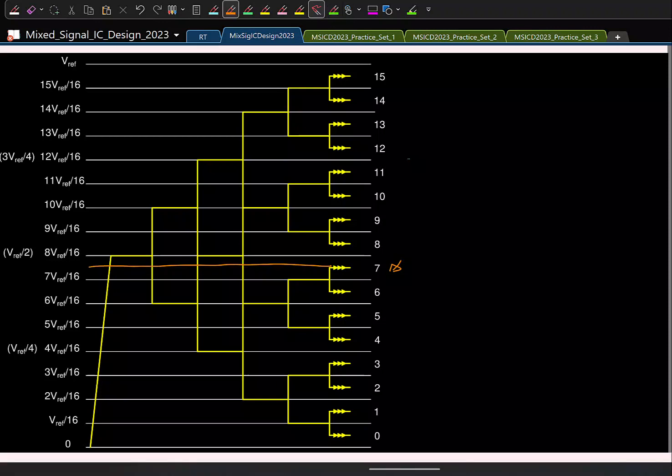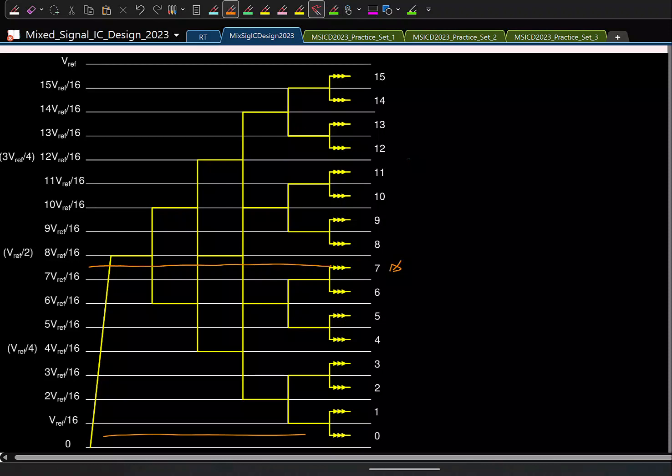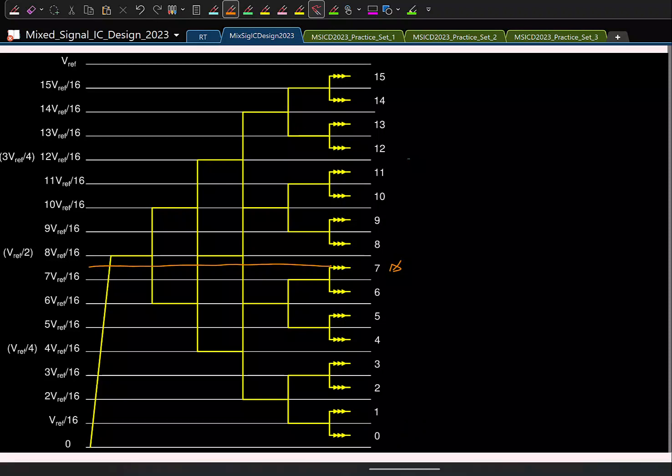The question is, if the input is somewhere here and I make a wrong comparison, will I still be able to come to the correct code? Or what is the maximum error I can make? That is, how far from this reference voltage my input can lie, that even if I make an error in that case, I will still be able to come back to the correct code.